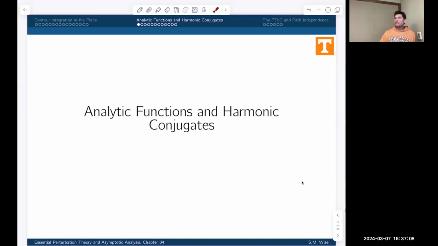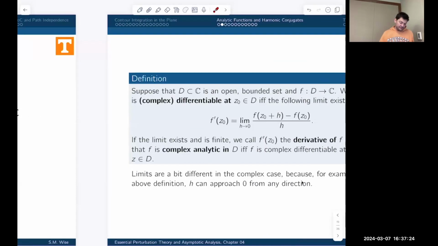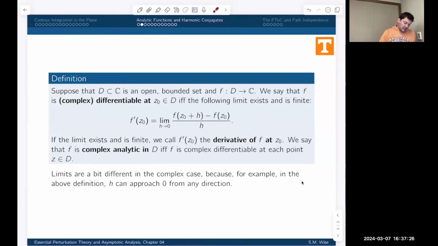All right, so now contour integration is important for everything in complex analysis, really. And we're going to relate this to analytic functions. But I need to tell you what an analytic function is first. All right, so derivatives of complex functions are more or less the same as the derivative of real valued functions.